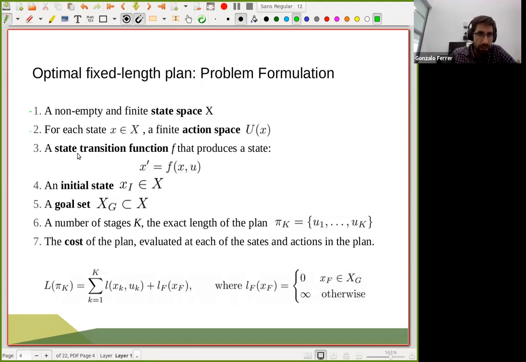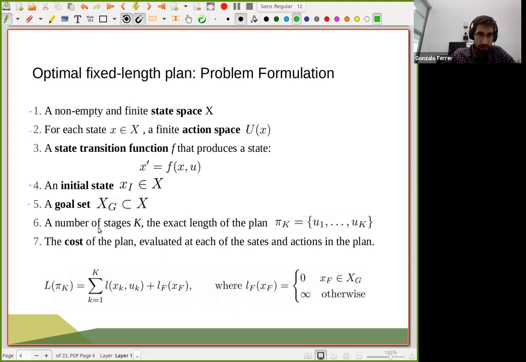For this action space, we have a state transition function. That means that with a given state and a given action, we can produce a new state. Then the initial state, the goal state, and here come the new elements that we will require, just to formulate this kind of optimality among all possible trajectories.